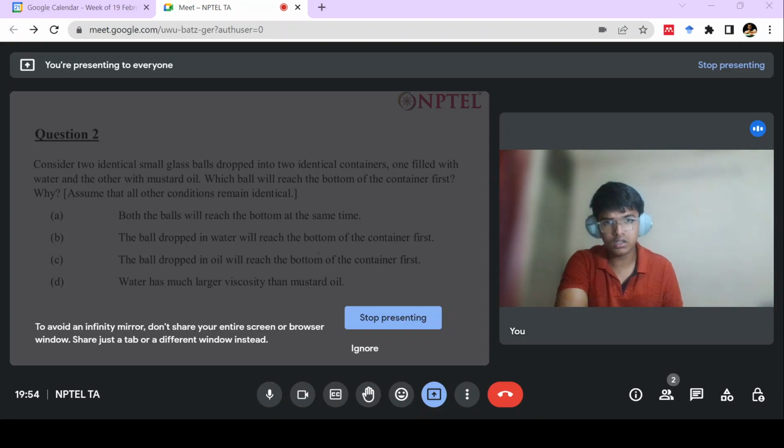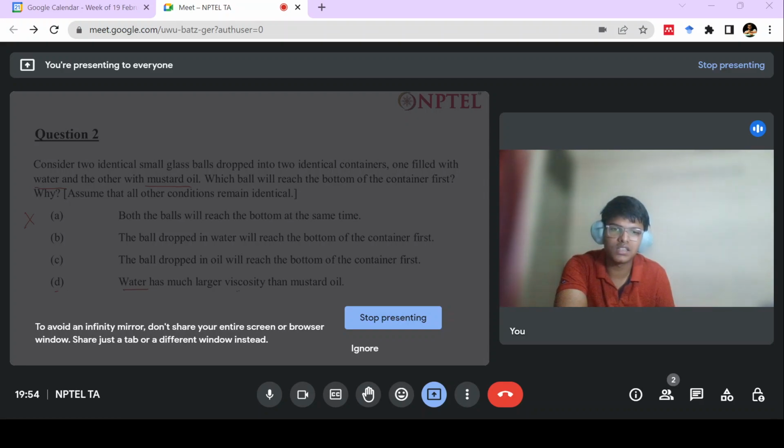Both balls will not hit the bottom at the same time if they are in different fluids with different viscosities. Water and mustard oil have very different viscosities, and that is what we need to solve this question. So let's come to option D, because this is the information we actually need to answer this question. Is this true?